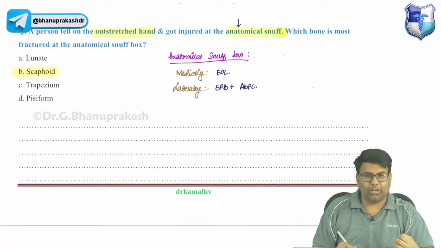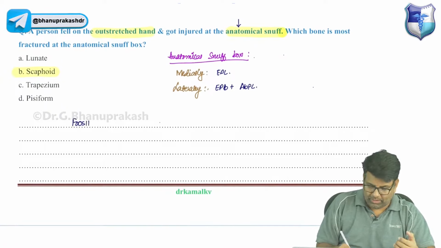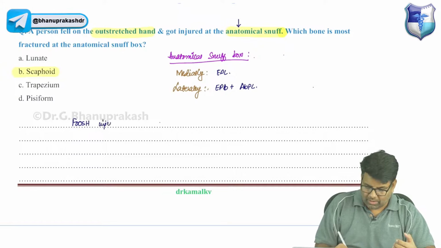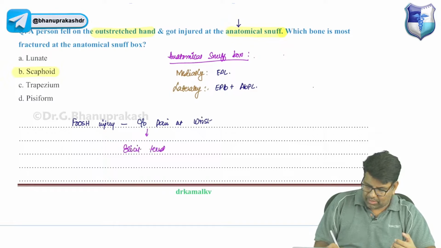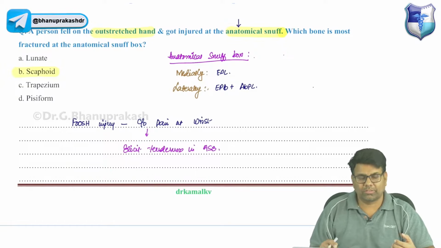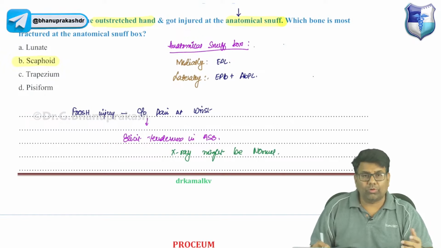So the clinical pearl is that if you see a case with a push injury and complaining of pain at the wrist, and if you can elicit tenderness in the anatomical snuff box, X-ray might be normal, so don't get deceived.